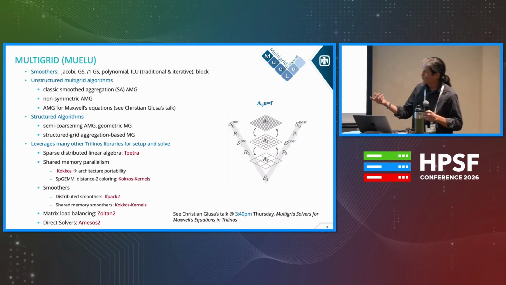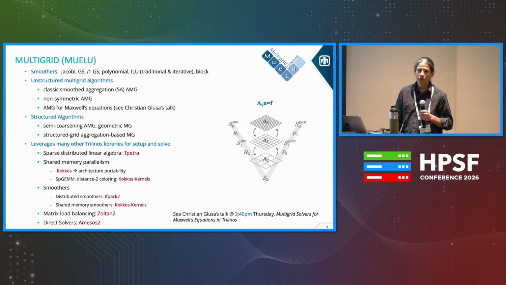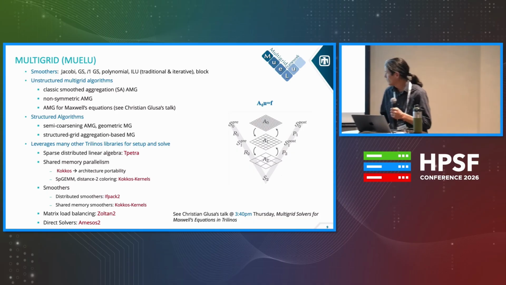And then there's this load balancing using Zoltan2 that Roger talked about. And that's a pretty important piece as you start to scale out or increase the size of your problem and increase the scale out onto supercomputers, being able to both load balance data and move data to subsets of MPI ranks.